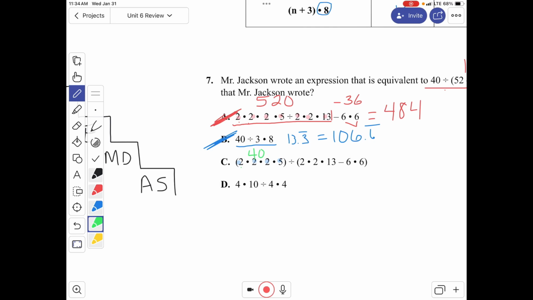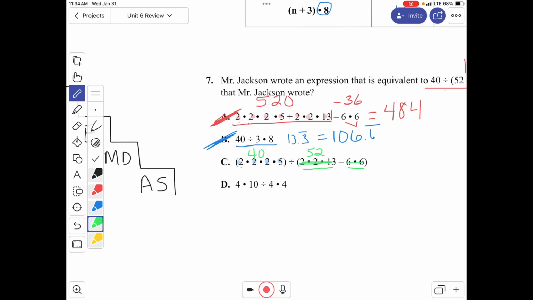So that parentheses is 40. And then the next parentheses, remember I've got to do multiplication first, and then I go back and get the subtraction. So 2 times 2 is 4. 4 times 13 is 52. So all of this equals 52.